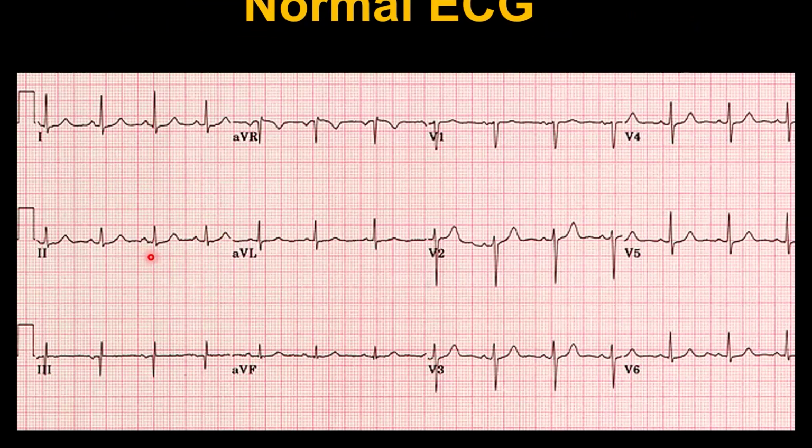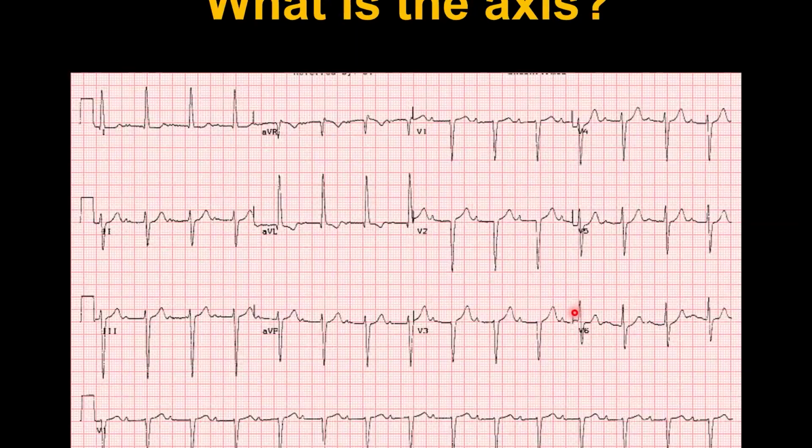The QRS is probably two small boxes, or about 80 milliseconds, and the QT interval is about 360, something like that. Okay, then there is normal R wave progression. There's a small one, larger, possibly a little larger, perhaps the same. Okay, so this is a normal ECG. The ST segment is not deviated one way or the other, and T waves are all upright.